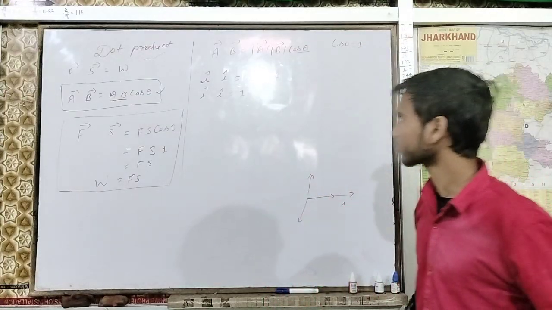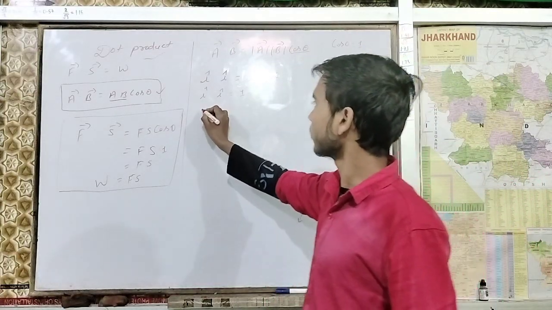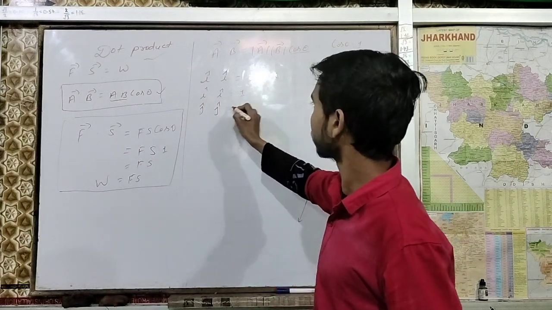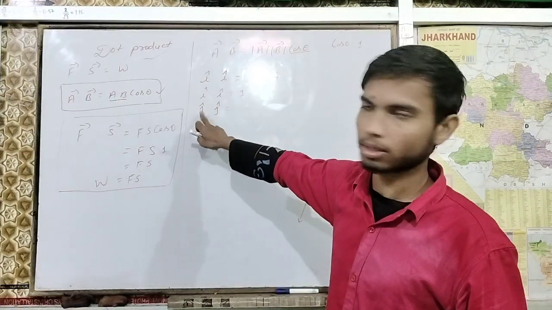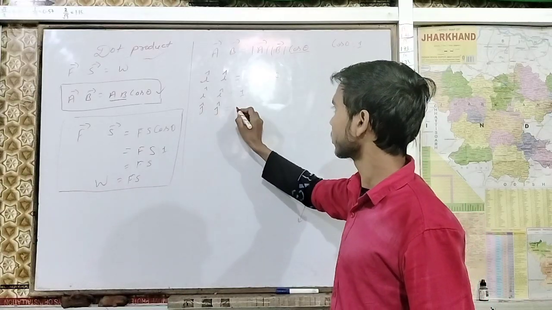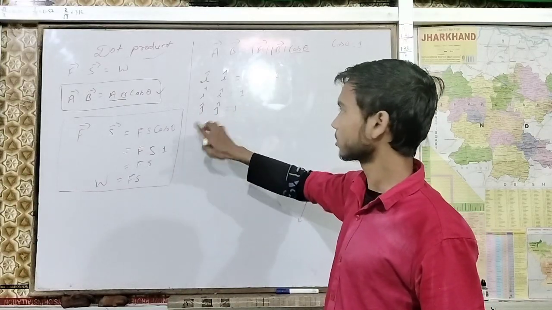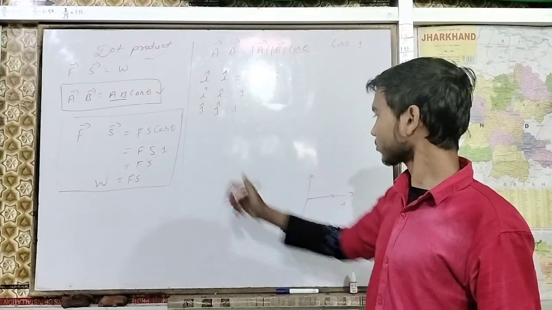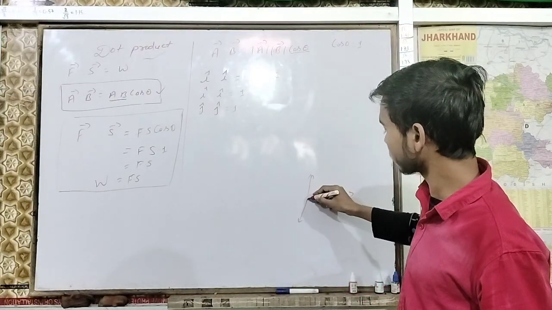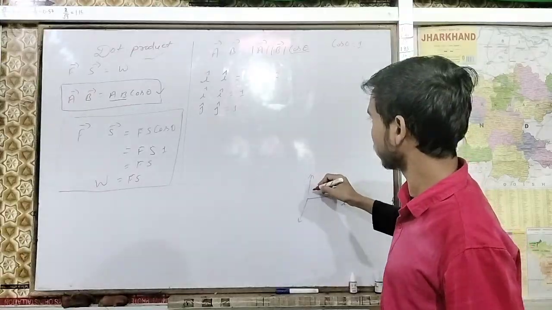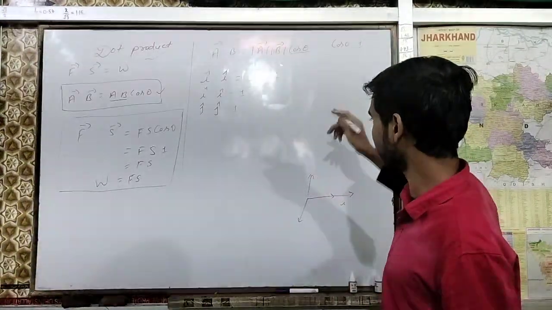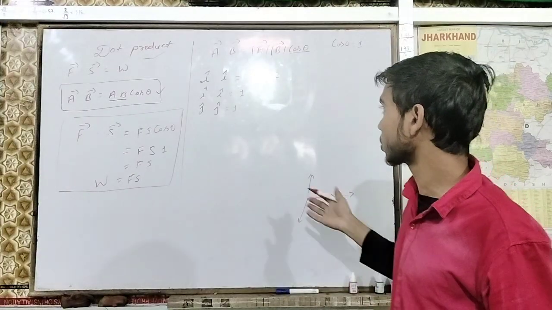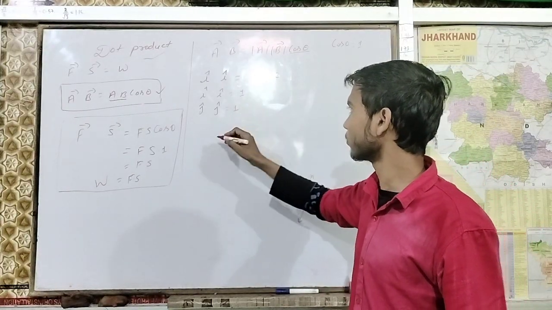Next we have z cap, or k cap, into k cap. The magnitude of this vector is 1, 1 multiplied by 1 becomes 1, and it is going in the same direction, so the angle is 0 and the result is again 1.